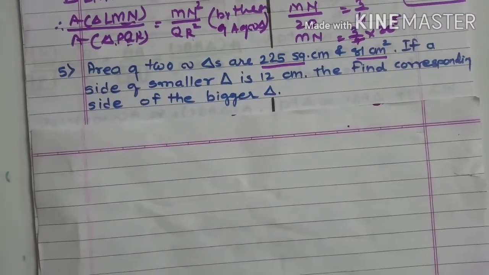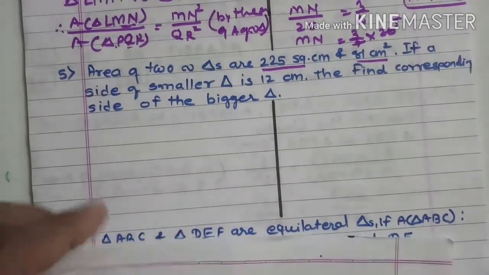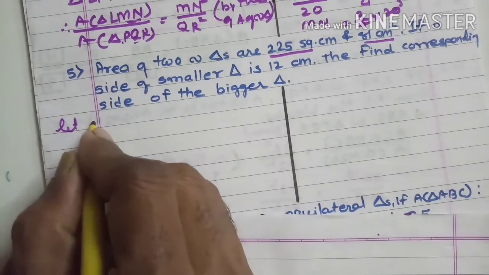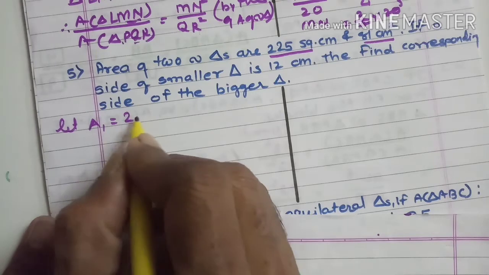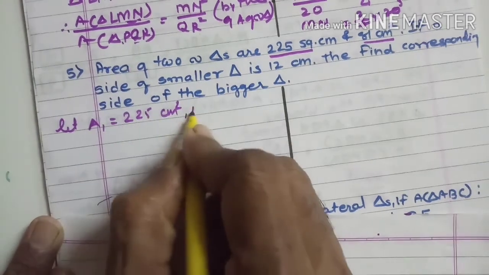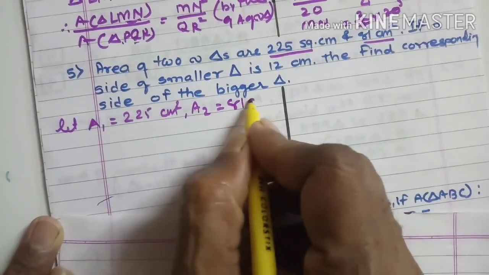So here also we don't have the name of the triangle, so let's assume that area of triangle 1 is 225 centimeter square and area of triangle 2 is 81 centimeter square.